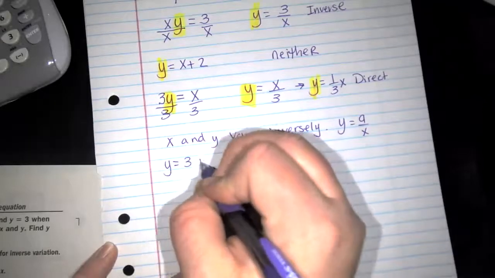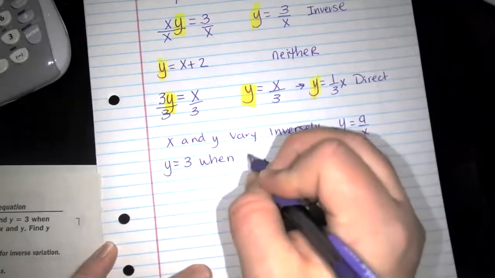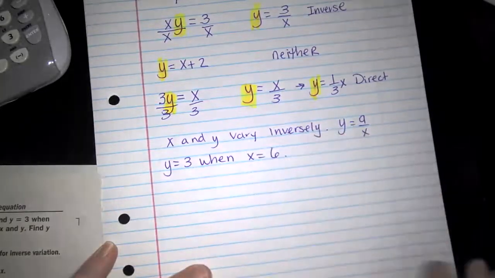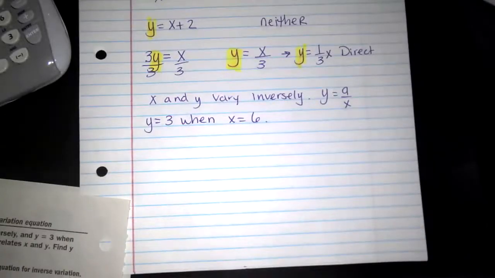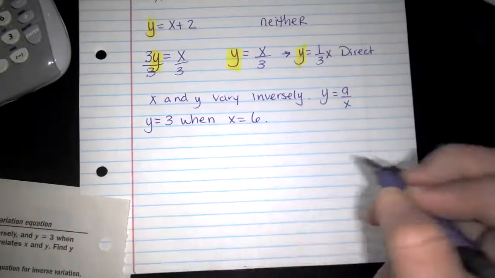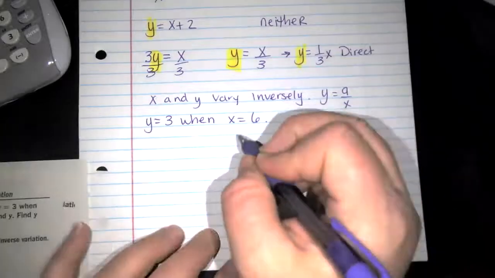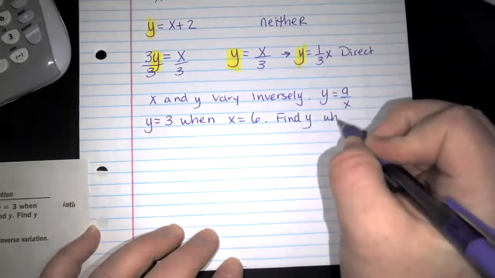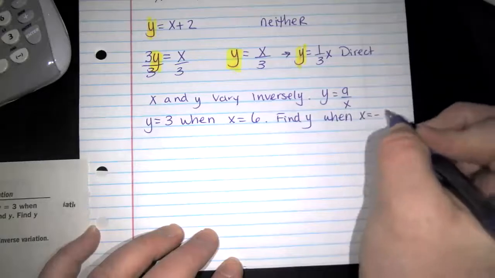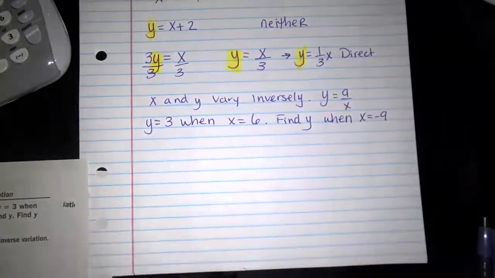Y is 3 when x is 6. It goes on to say, find y when x equals -9. That's how the equation is written. This is what you need to do.